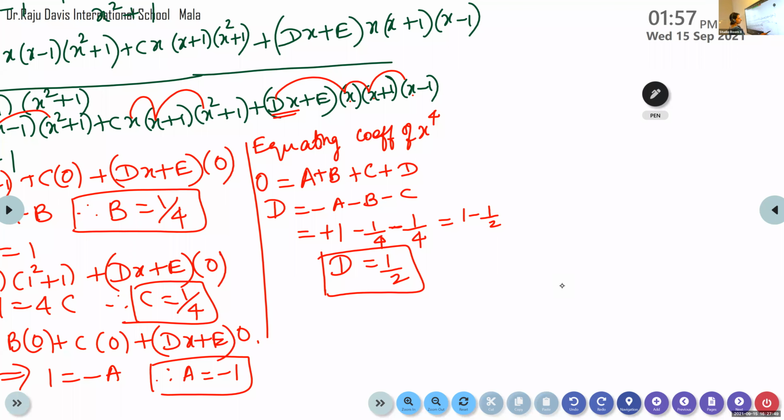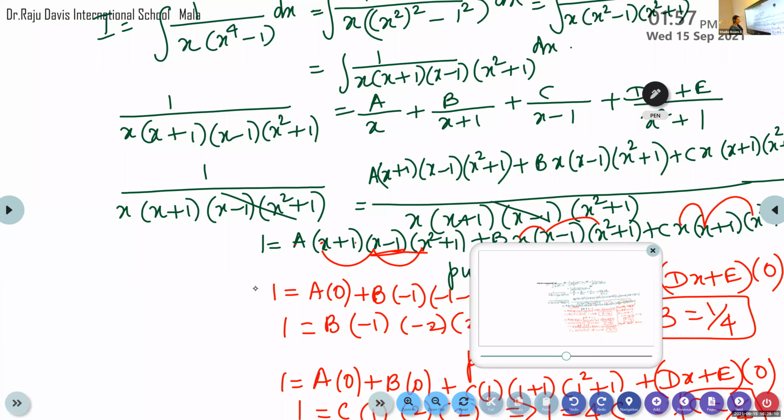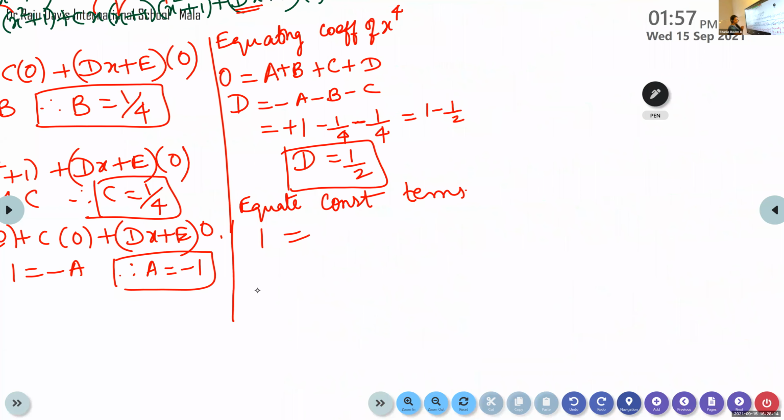So we can write 1 is equal to... look at each term given here. If you take the first term, x into x here, so 1 into 1 minus 1 minus 1 into 1. You multiply only the constant terms. 1 into 1 minus 1 minus 1 into 1 minus 1, isn't it? So we get minus a.